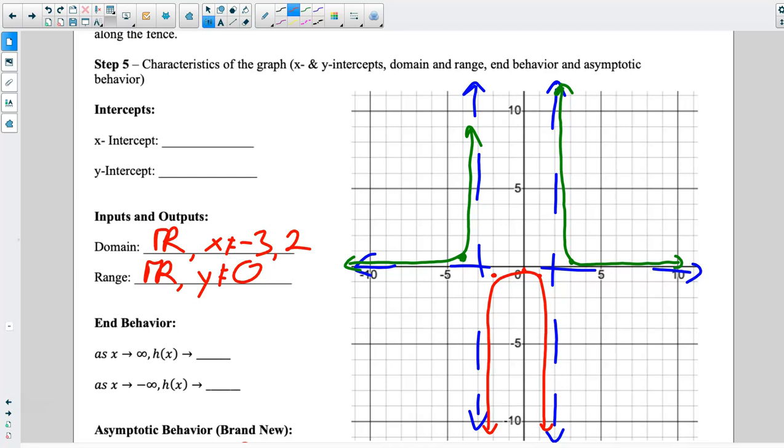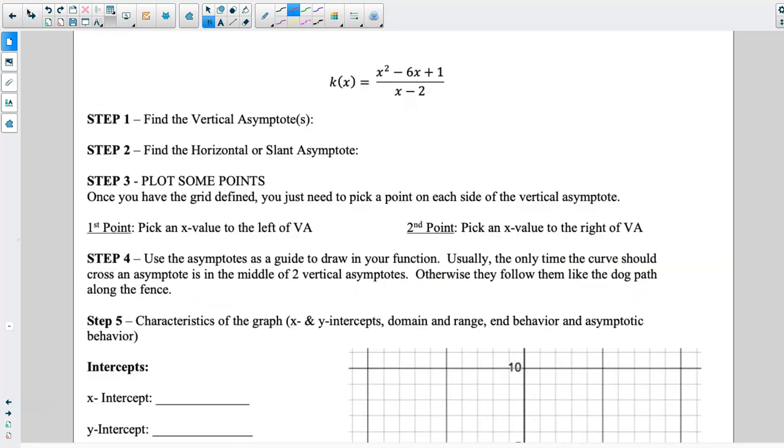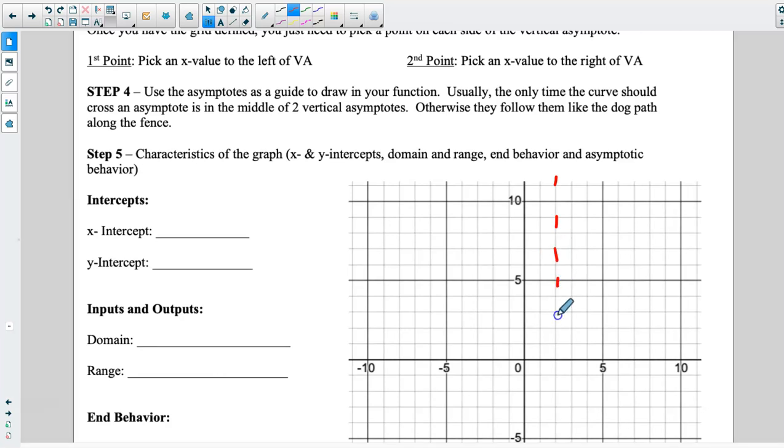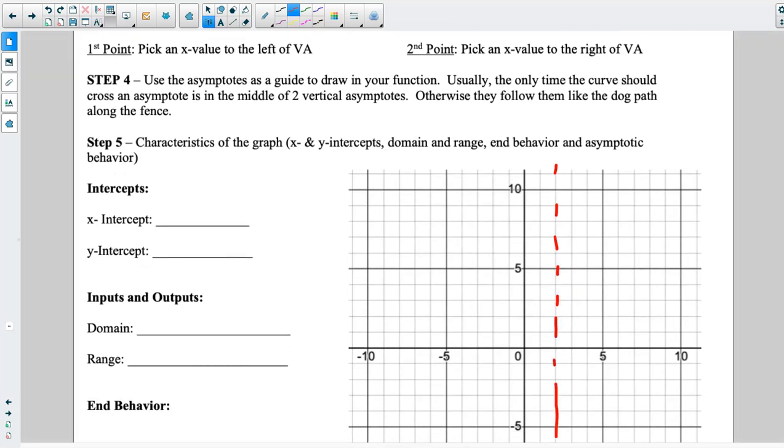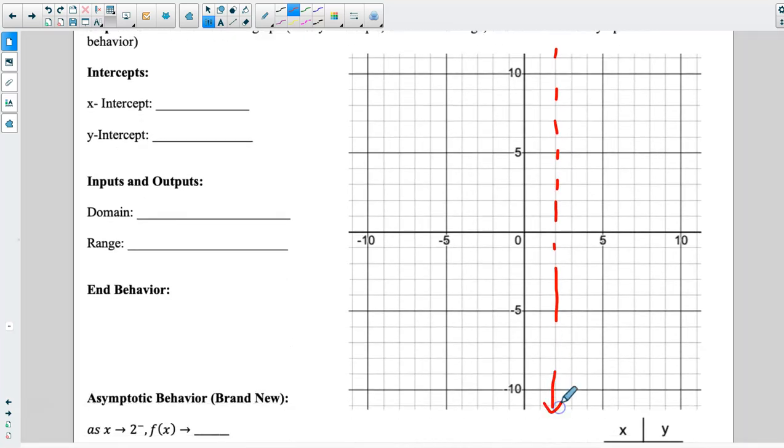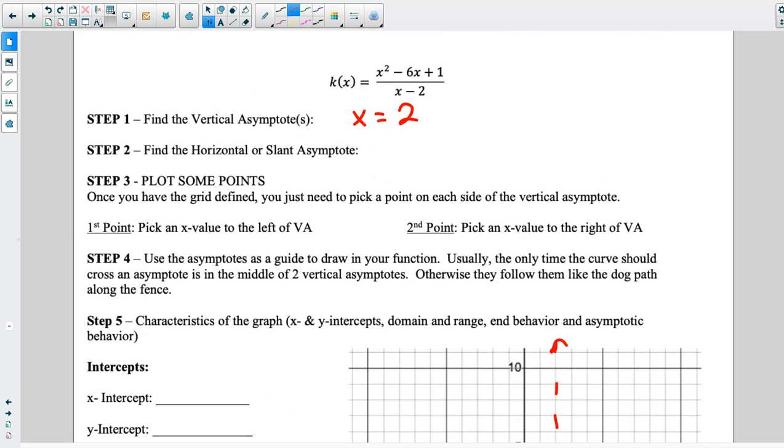Any other questions? Last one. Vertical asymptote, I'm going to tell you, it is just x equals 2. What case is this?